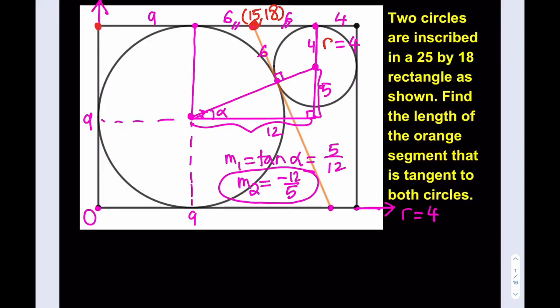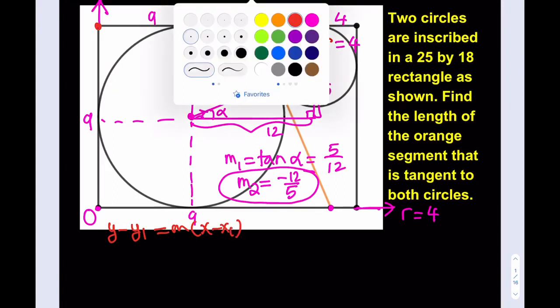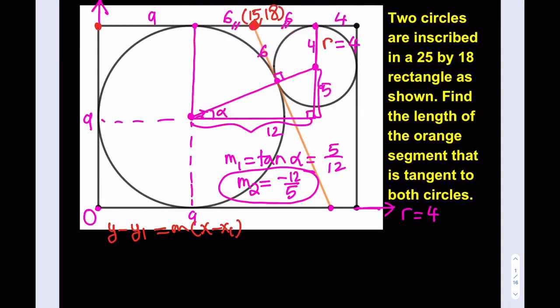Awesome. And I know the slope of this line, so I can write the equation. The formula we use for that one is y minus y1 is equal to m times x minus x1. I'm going to use the point slope form. Let's write it down. Okay, here we go. Now what I have is the y coordinate of that point, which is 18. The slope is negative 12 over 5, as you know, that's m2.